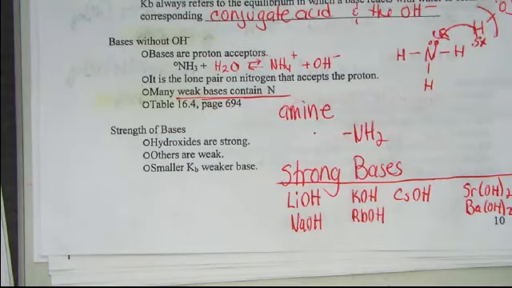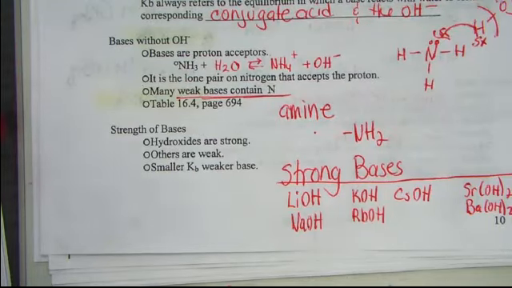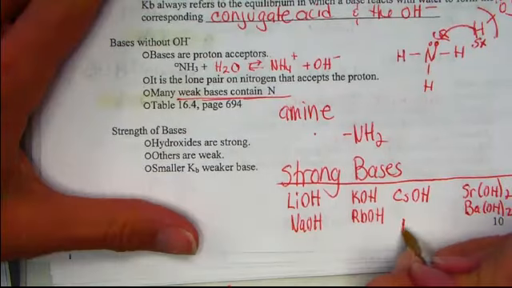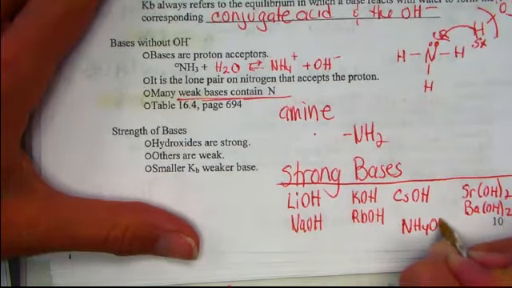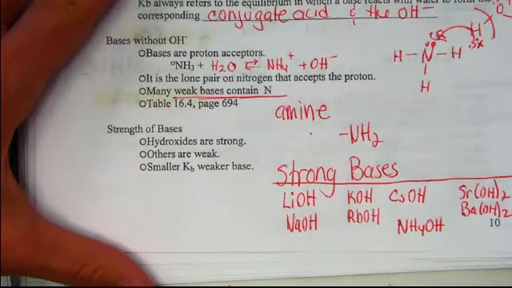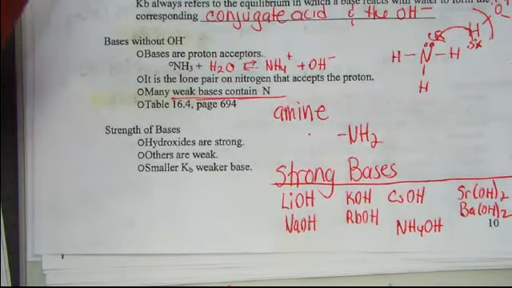Just as we had 7 strong acids to memorize, knowing that they 100% dissociate, and to calculate their pH, we do so directly. We do not need an equilibrium concentration. The same is true for these strong bases. The alkali metals and the heavy metals of the first family 100% dissociate. Ammonium hydroxide would also fall into that. Ammonium ions would 100% dissociate.